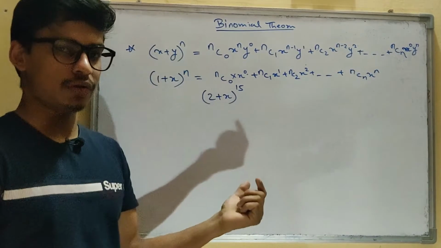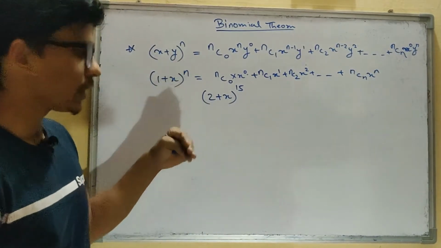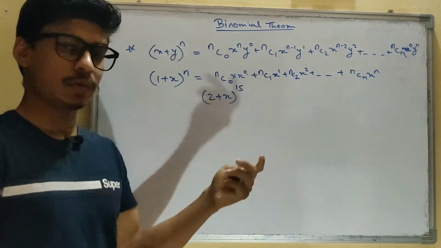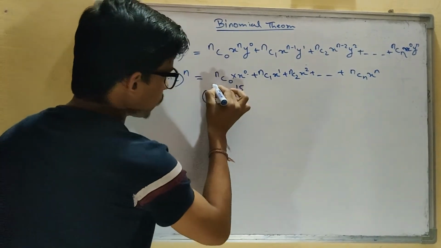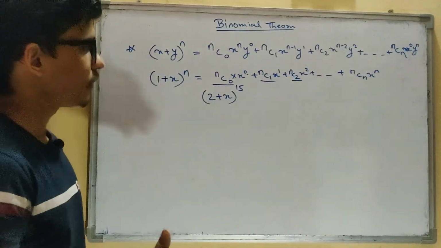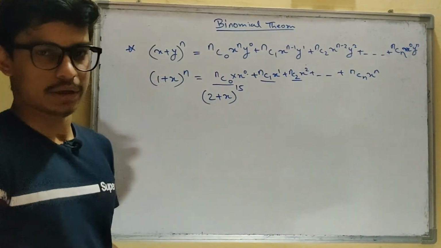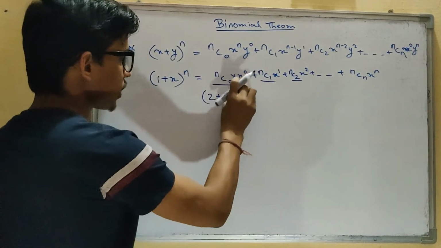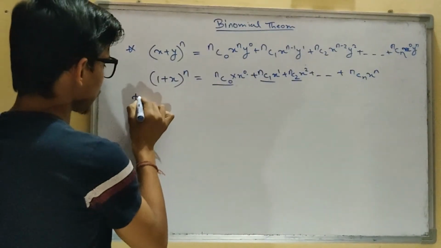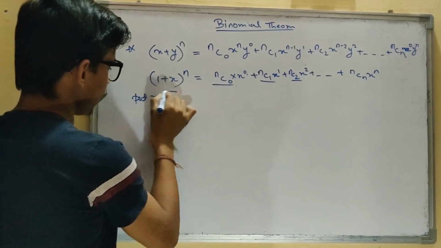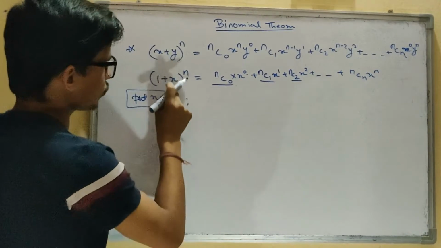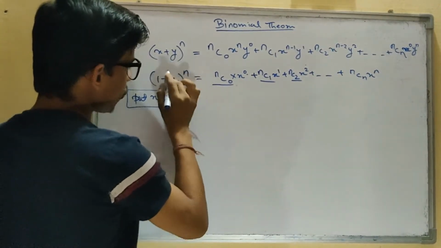All the coefficients means you are going to get x and its coefficient, x to the power 1 and its coefficient, x to the power 2 and its coefficient, because these are the coefficients of x. So they will ask you to find the sum of all these things, right? So what you have to do is just substitute x as 1. Put x equals 1, right? So now if you substitute x equals 1, what is it going to be? 1 plus 1, 2.